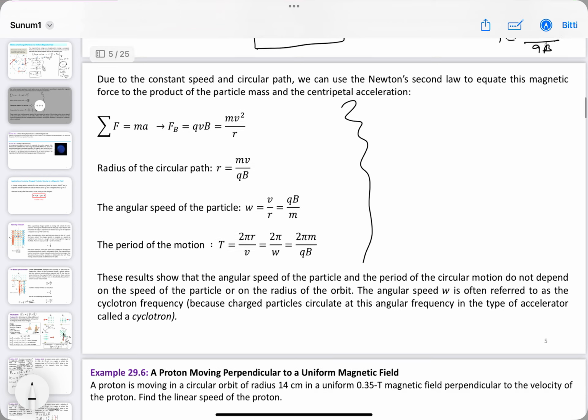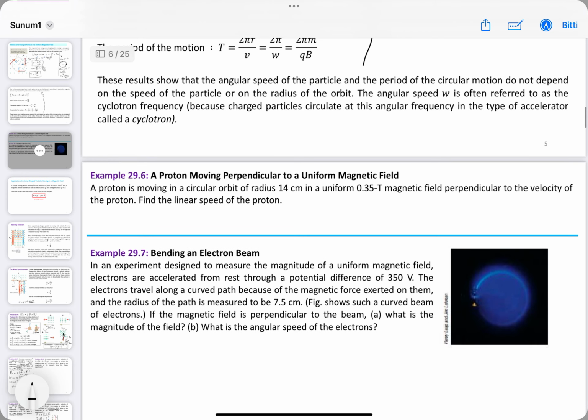Okay, let's solve a question using that formula. A proton is moving in a circular orbit of radius r equal to 14 centimeter. Be careful, you have to convert to meter. In a uniform magnetic field, I will write B, perpendicular to the velocity of the proton. Find the linear speed of the proton. Let me show here again.